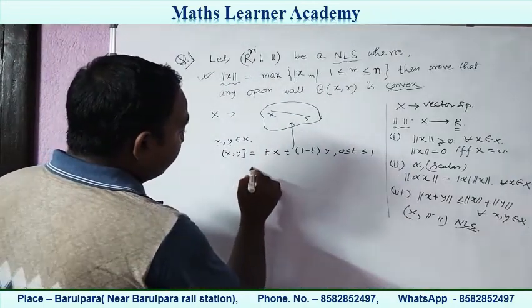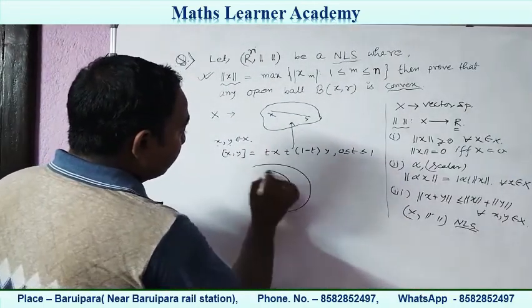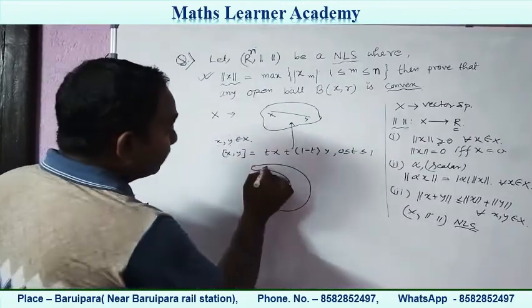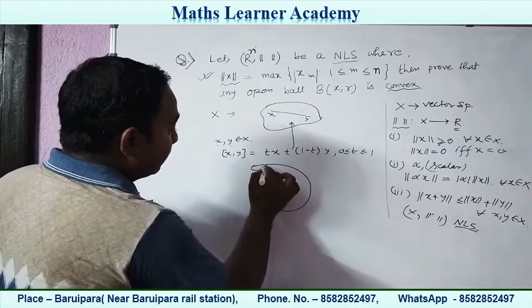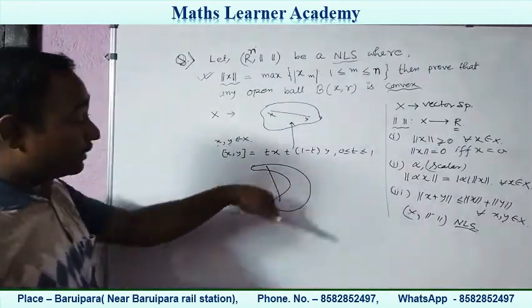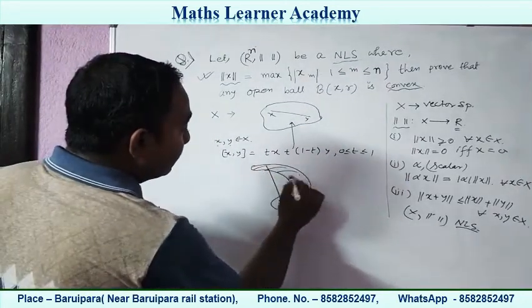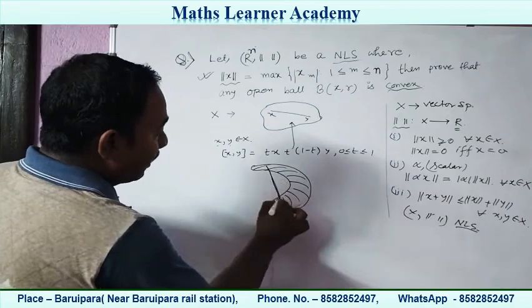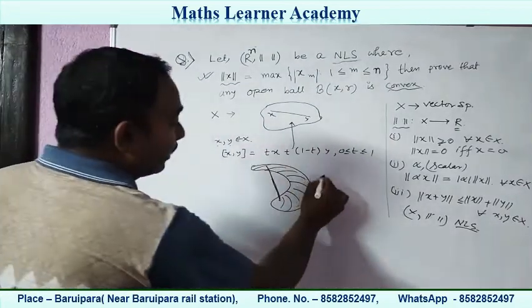So suppose the set is like this. Is it convex? No, this is not convex because there exists a line which lies outside of this set. This is the inside portion of the set, right? But this lies in the outside portion. Therefore, it is not a convex set.